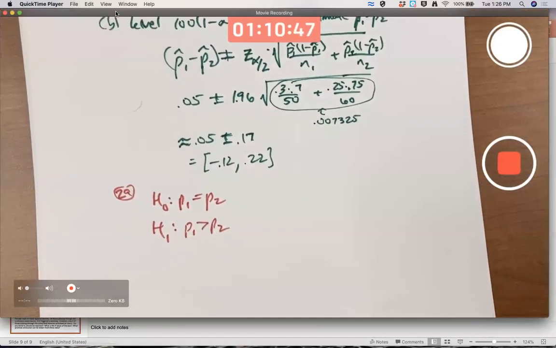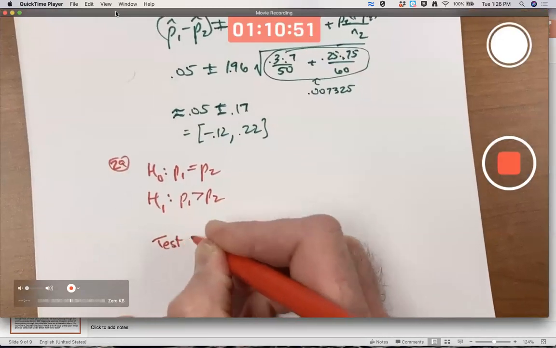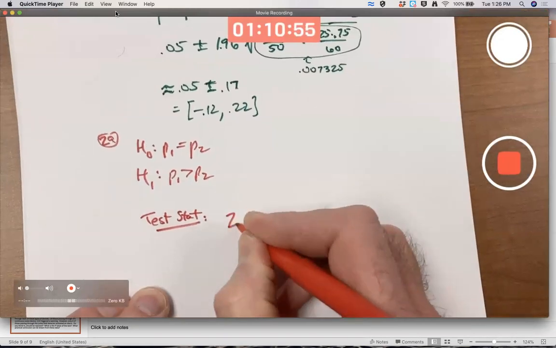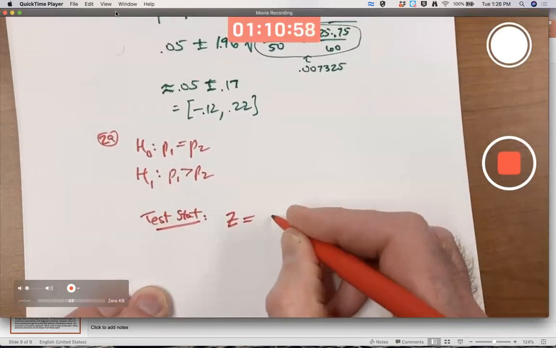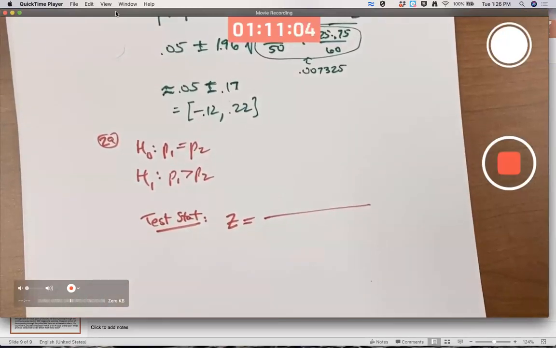We've got to calculate a test stat and compute a p-value. What's the test stat? It's a z. It's a fraction still. The numerator is still a difference. Actually, it can be thought of as a difference in two different ways. I'm serious when I say that.